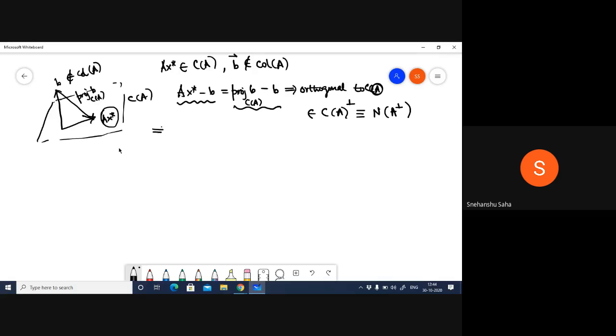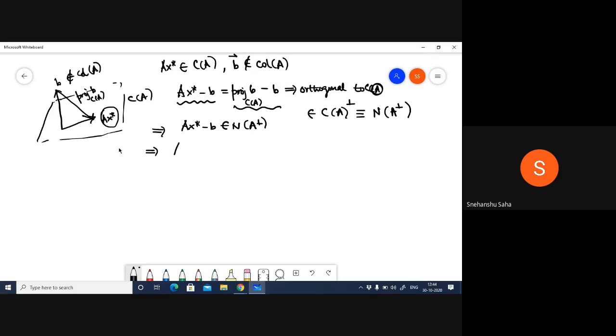So what that implies is that AX star minus B is in here, okay? And therefore, this is nothing but the transpose, right?